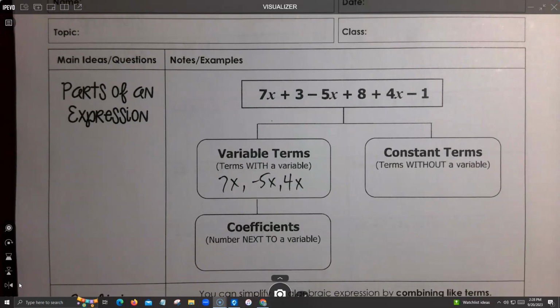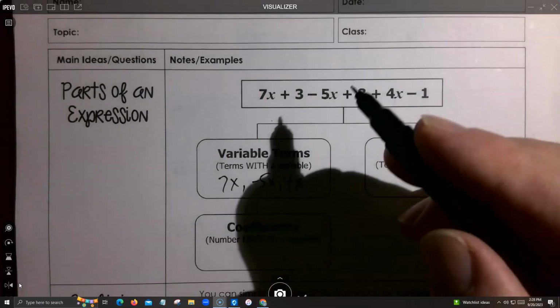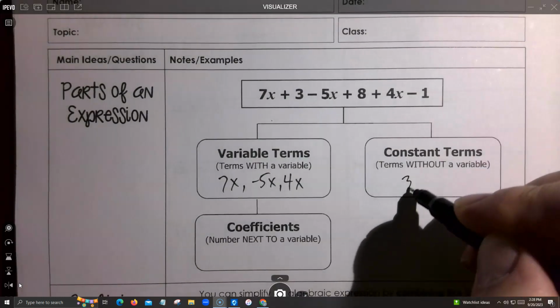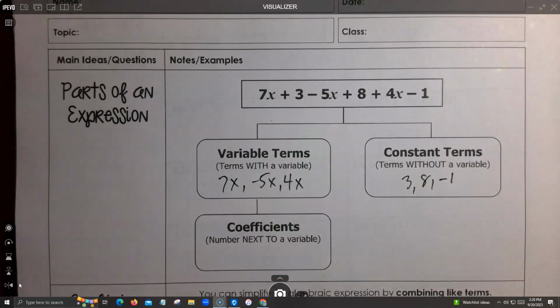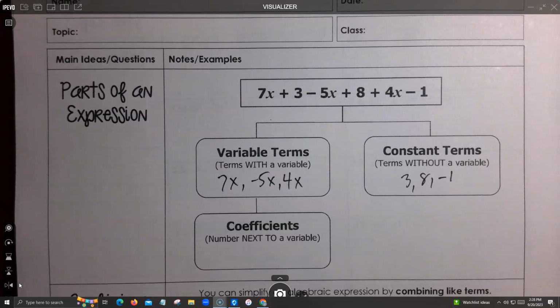Remember that the letters in algebra are the variables. Constant terms don't have any letters attached to them. They are just numbers by themselves. So in this case, the 3, the 8, and the negative 1 are constant terms. They can't change no matter what x is equal to. 3, 8, and negative 1 will always continue to be 3, 8, and negative 1.